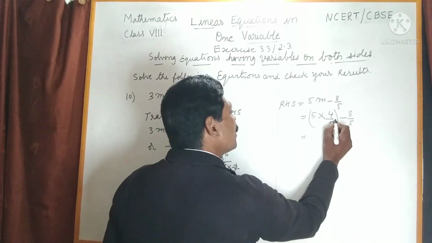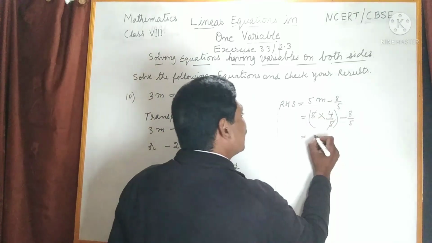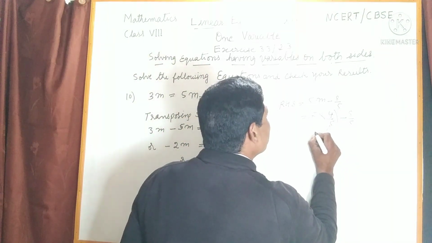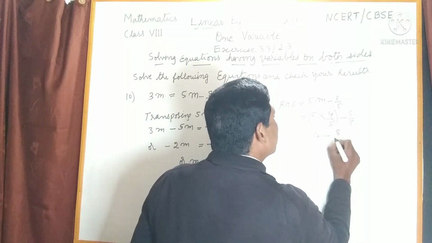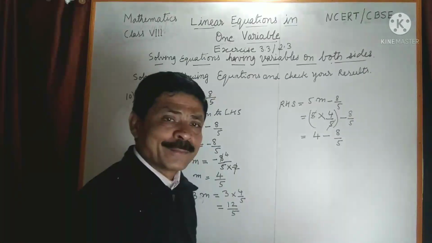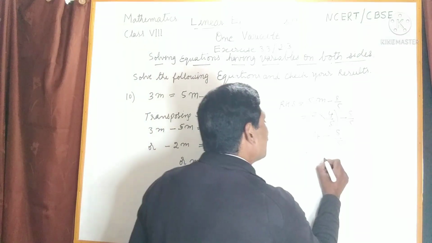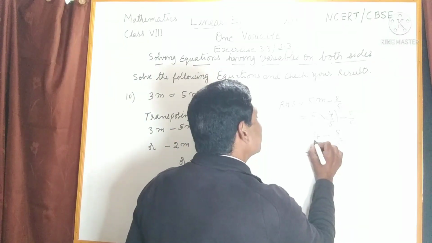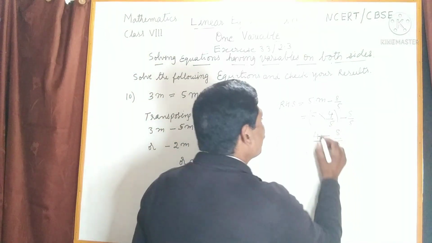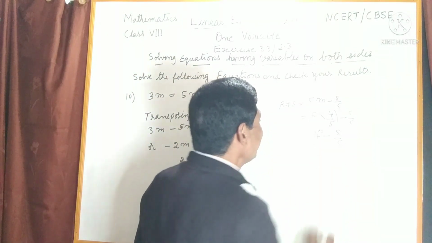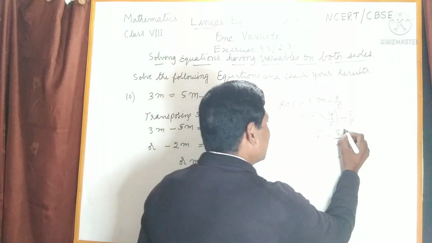This is equal to 5 ones are 5, it will remain 4 minus 8 by 5. Now let us take LCM of 5. Let us consider 4 is nothing but 4 by 1, and 1 times 5 is 5 and 5 times 1 is 5.